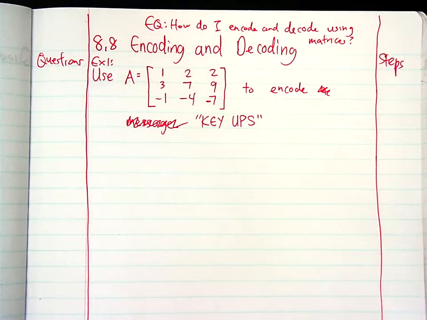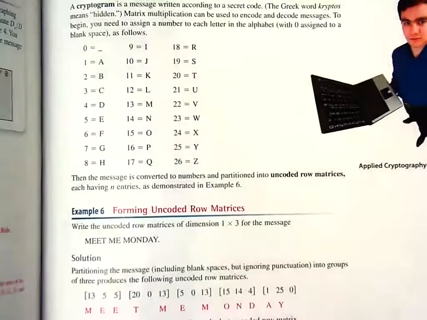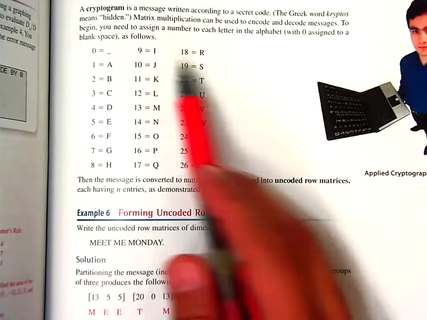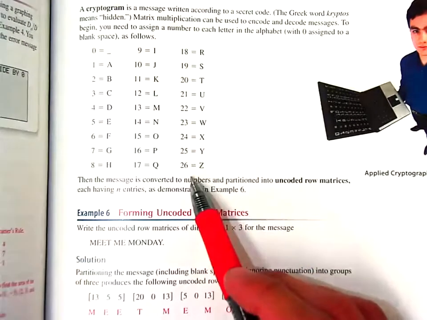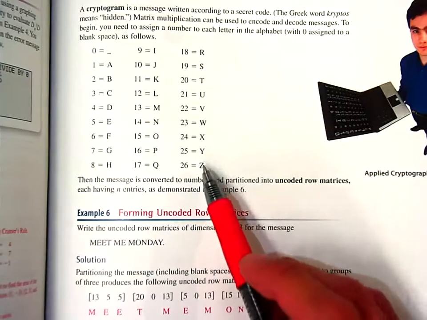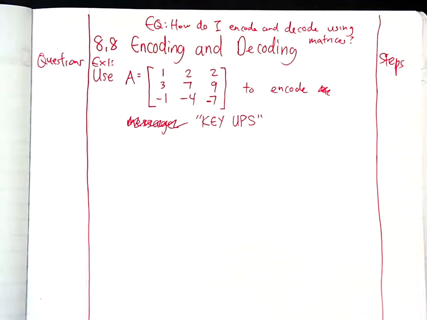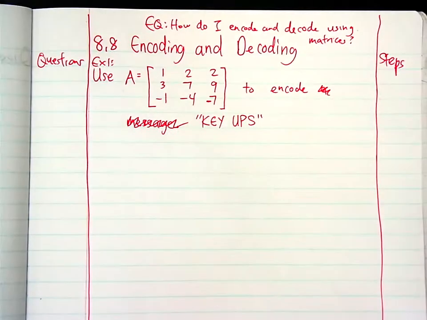So the first thing I want to do is give you the code. For each number, there's going to be a code, and please write that down. So write from 0 to 26, and each number will represent a letter, and each letter will represent a number. If I look at the conversion, I'm going to first assign a number to each letter.